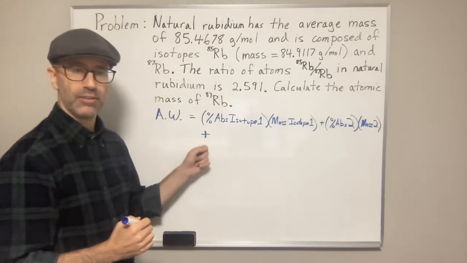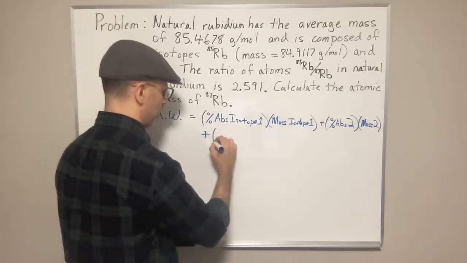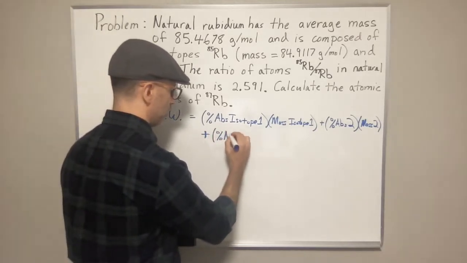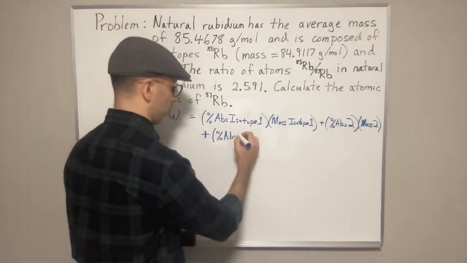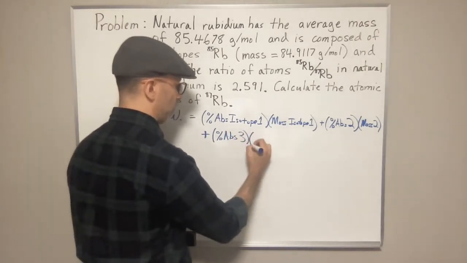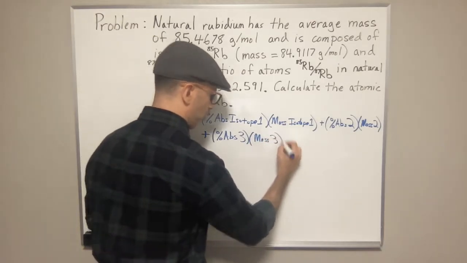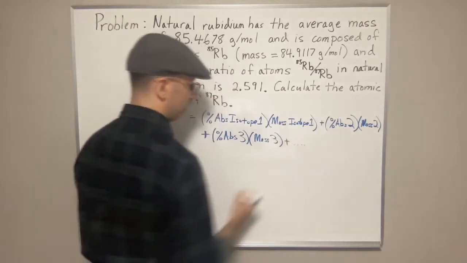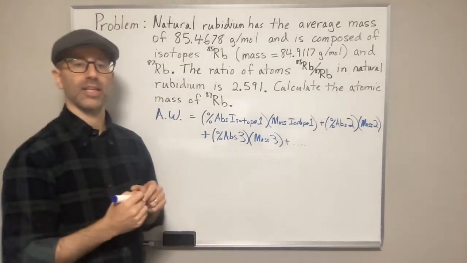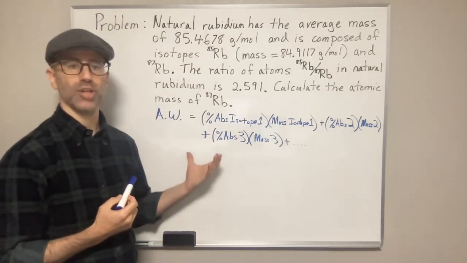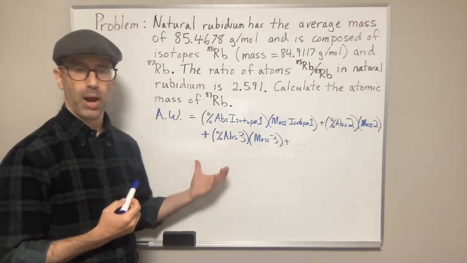So if I have a third isotope, then it would be the percent abundance of isotope number 3 multiplied by the mass of isotope number 3, and so on. So that is the general equation for solving this sort of problem.